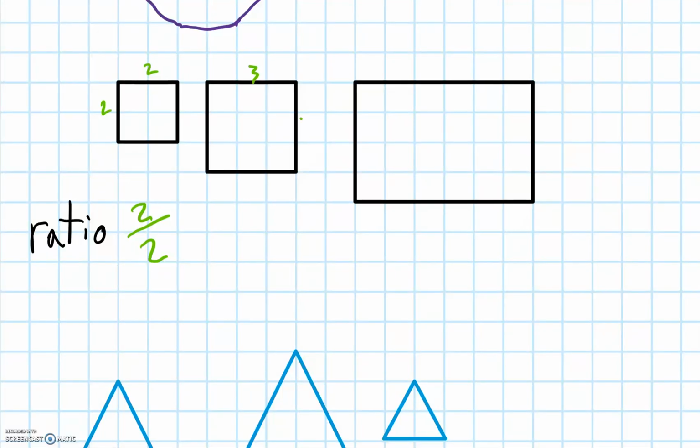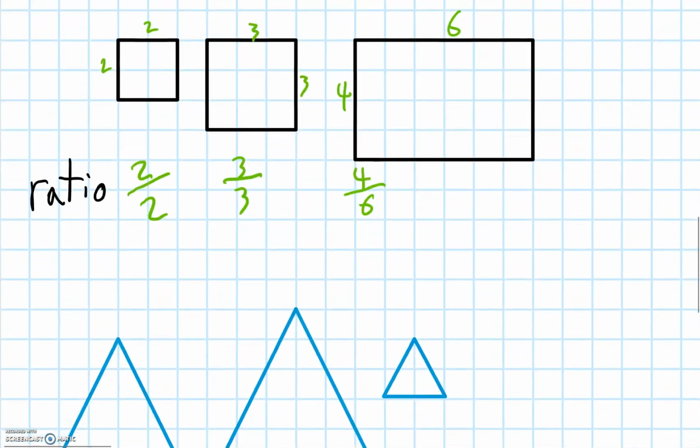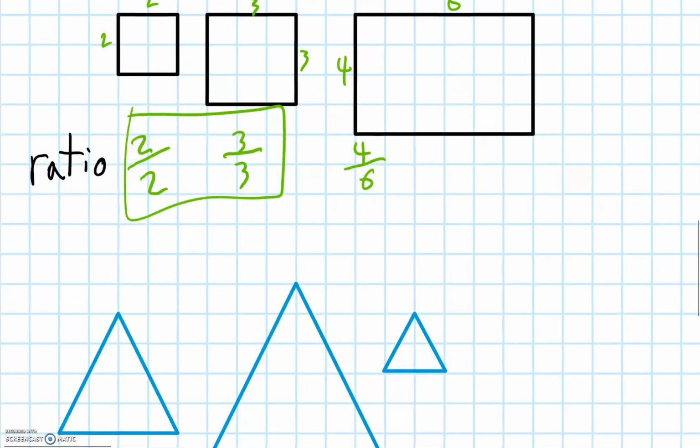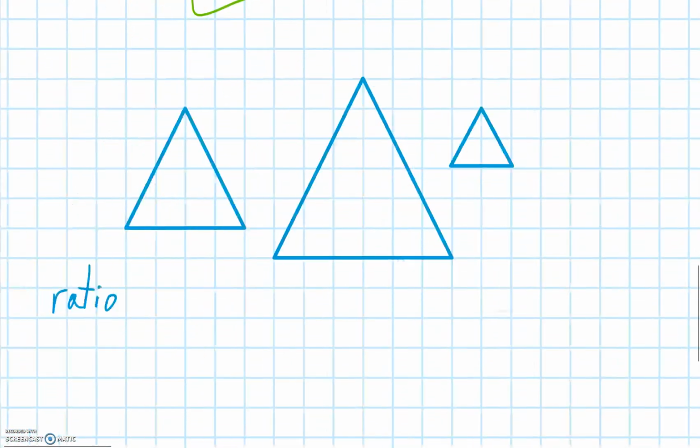This one is 3 over 3. Now there isn't any easy way to multiply between those, except by a fraction. But you can see that the ratio is the same, so they are similar. 4, 6, so 4 over 6. Now our ratio is different. So you can see that these two are similar.